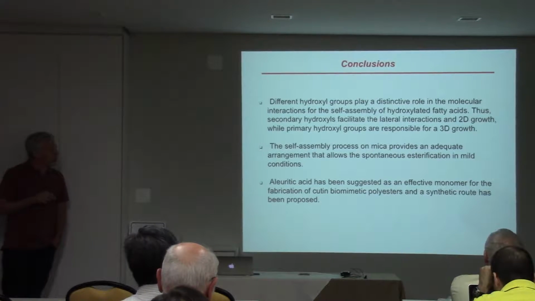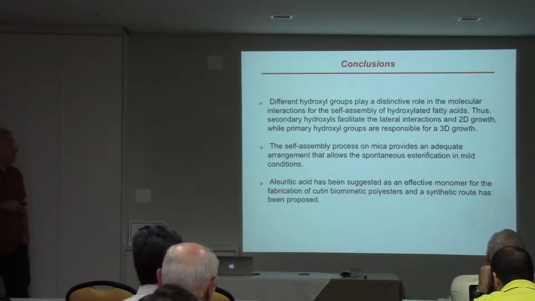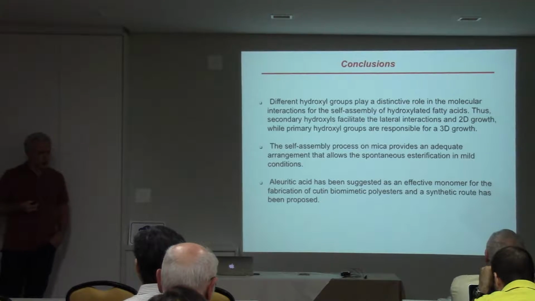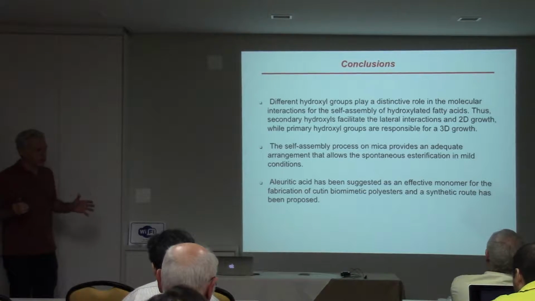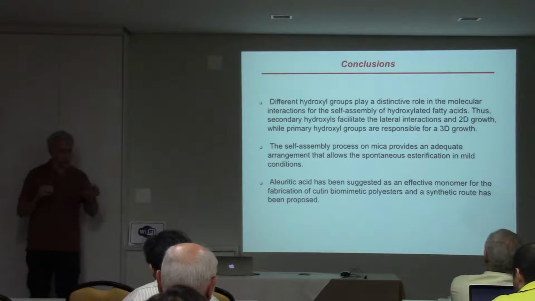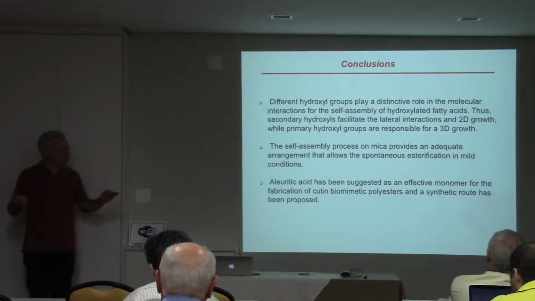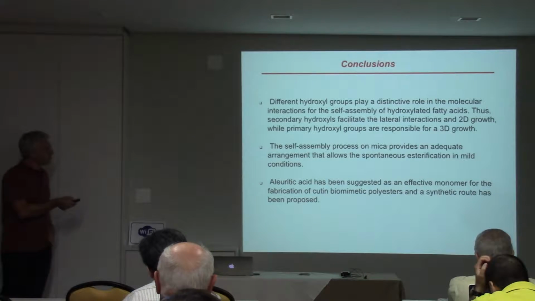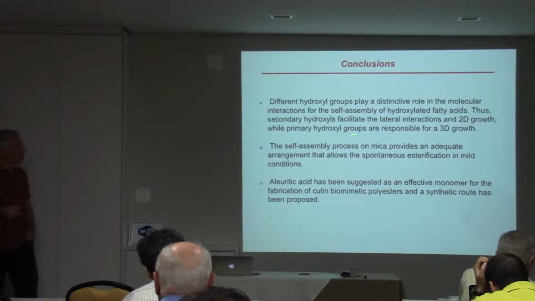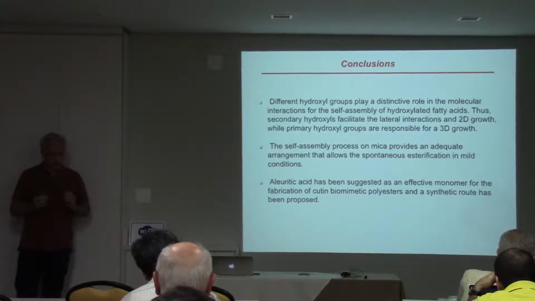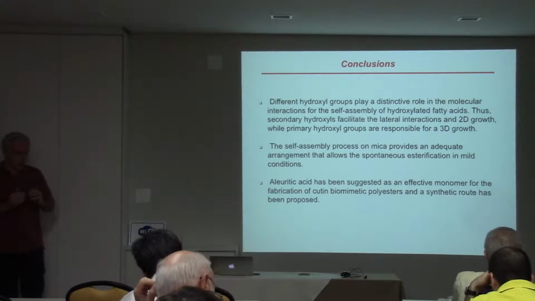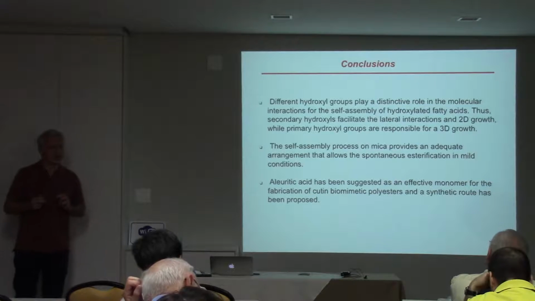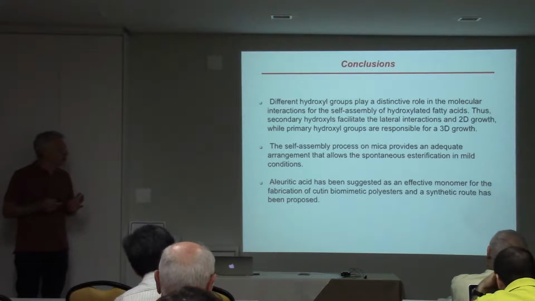So, the conclusion from this part of the talk is that the hydroxyl groups play an important role in the interaction to grow the biopolymer. The self-assembly process of UNICAMP provides an adequate arrangement to ease the spontaneous esterification in mild conditions.